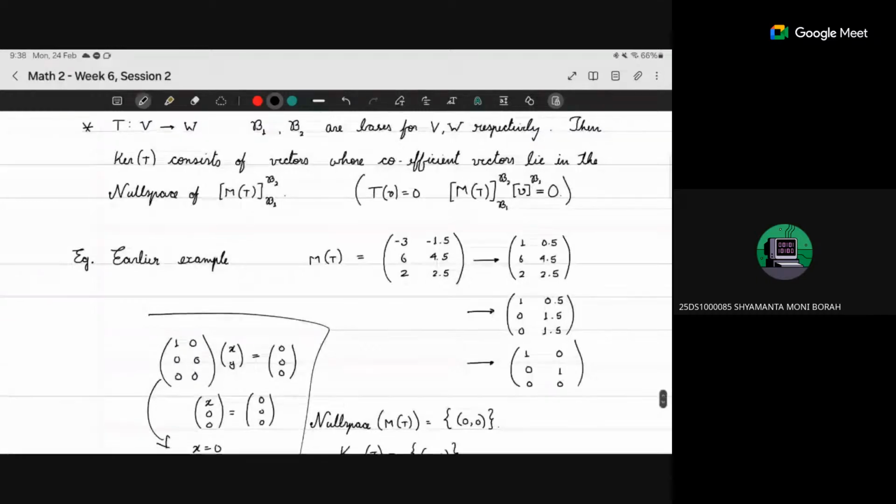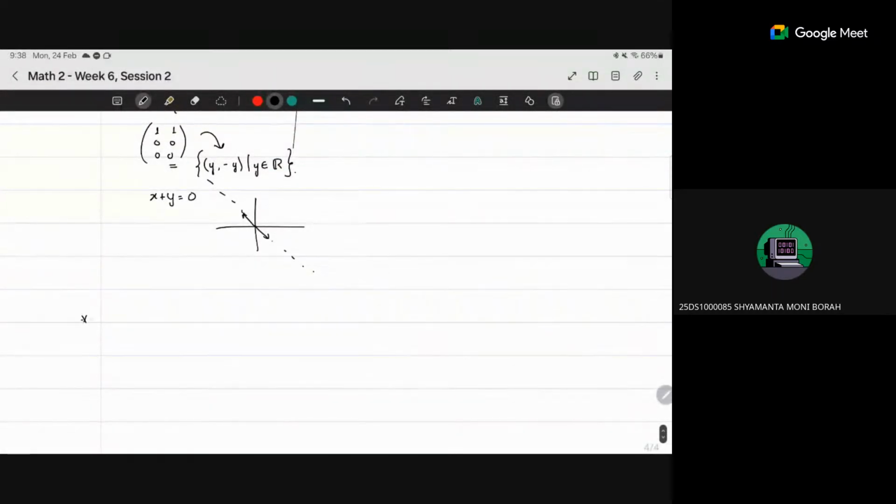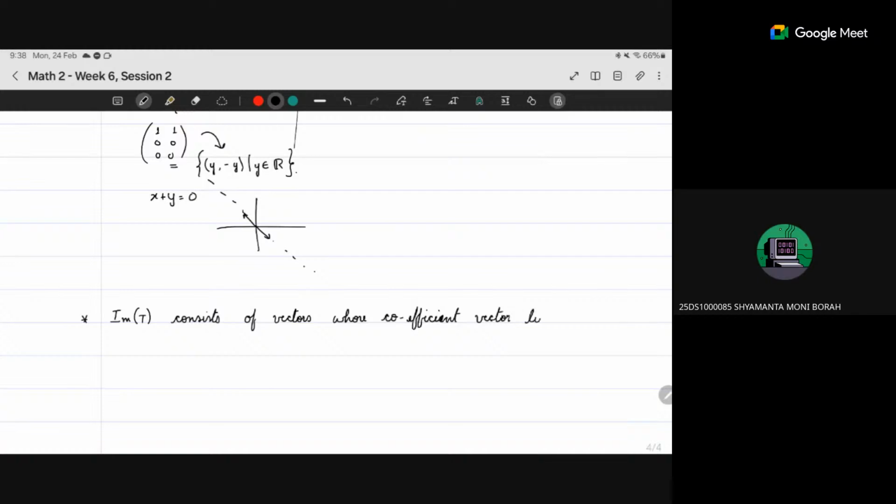Now, if I want to see the relationship of the image with the matrix, the image of T consists of vectors whose coefficient vector lies in the column space of M of T.